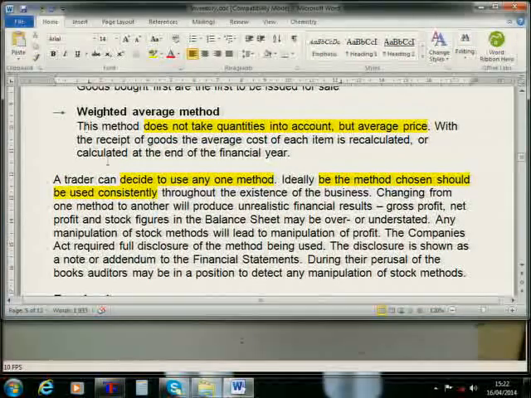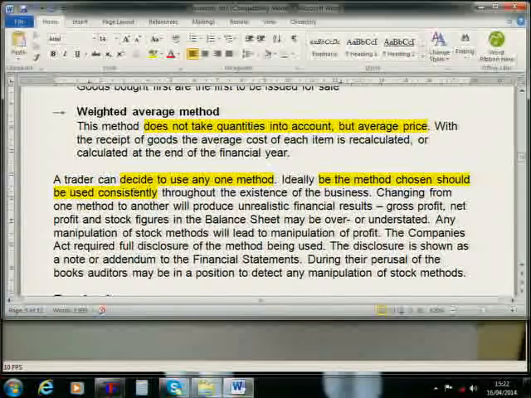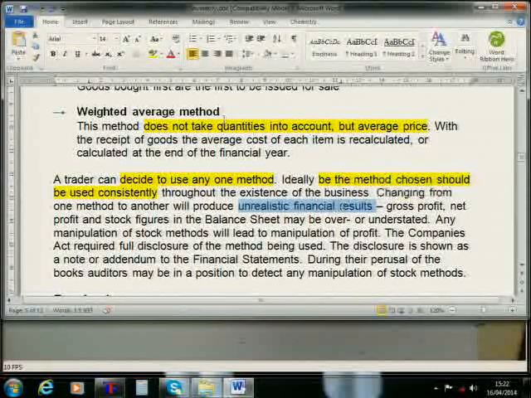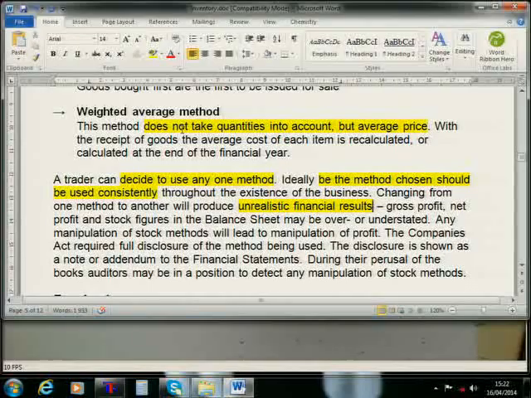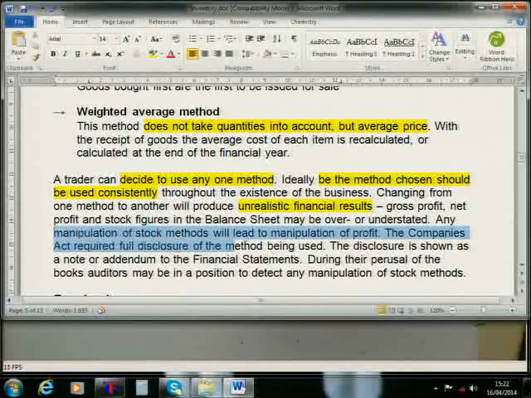Changing from one method to another will produce unrealistic financial results. Gross profit, net profit, and stock figures in the balance sheet may be over or understated. Manipulation of stock methods will lead to the manipulation of profit.